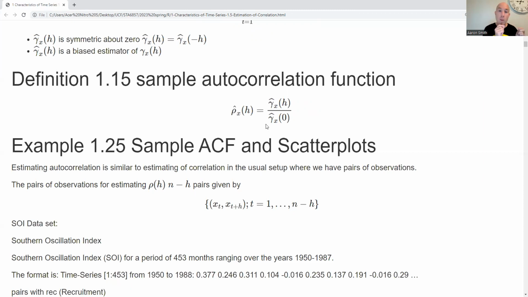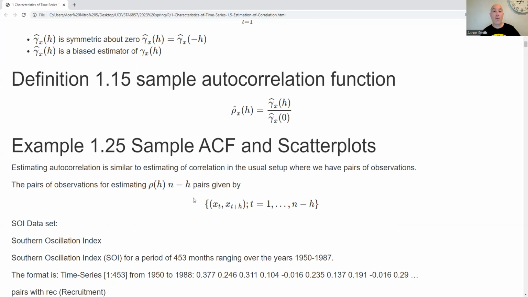Remember that when we have a stationary assumption, it's about the difference in the values, not the actual time itself. So the difference in time is important. If I have h, h down here in that square root, it's equivalent: the covariance of h, h is the same as the covariance of 0, 0. I'm multiplying something by itself, the square root cancels out. Boom, we get this nice little pretty fraction.